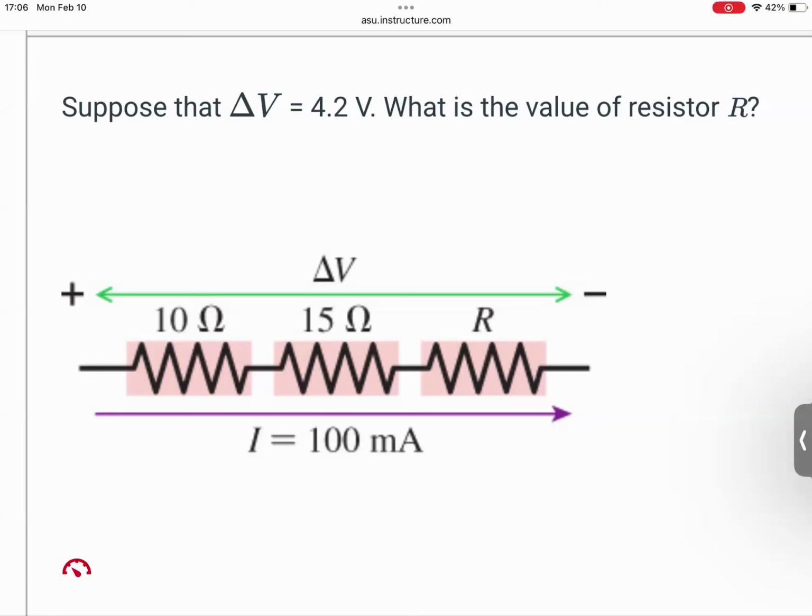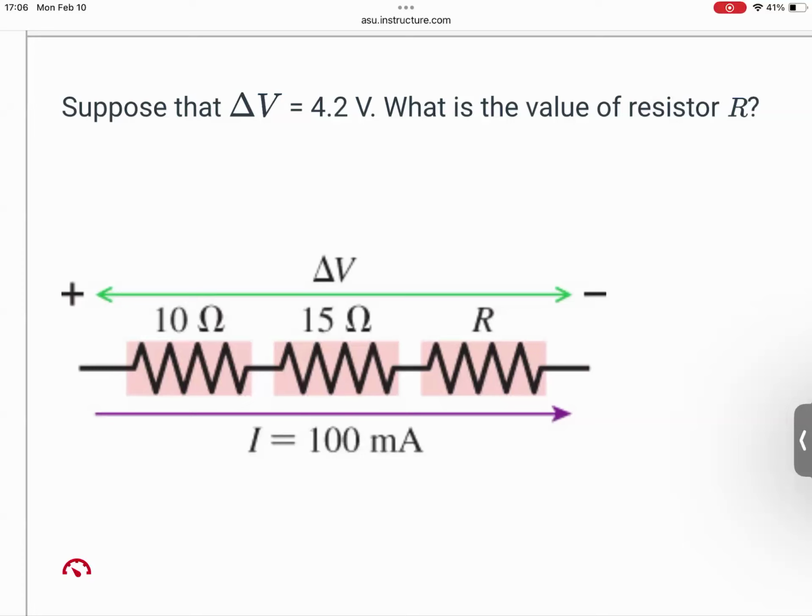4.2 volts, 100 milliamps, V equals IR. Does everyone else see that? Where did I get 42? It is the answer after all. Okay, so I gave you that the total voltage applied to the combination is 4.2 volts.